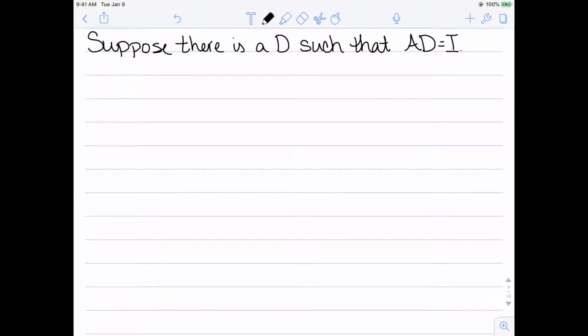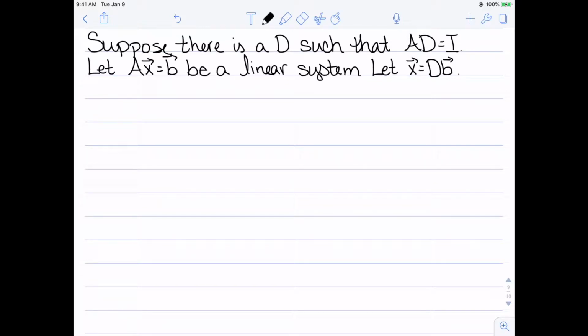Next, let's suppose there's an n by n matrix D such that AD is equal to I. So now I'm assuming 7. We're going to let AX equal to B be a linear system. And we're going to temporarily let X be equal to D times the vector B. That gives us that A times DB is equal to B. Since A times D is the identity, I then get B is equal to B. So therefore, at least one solution exists.